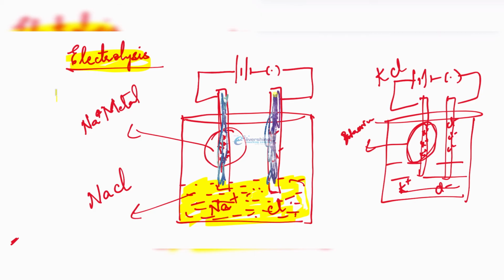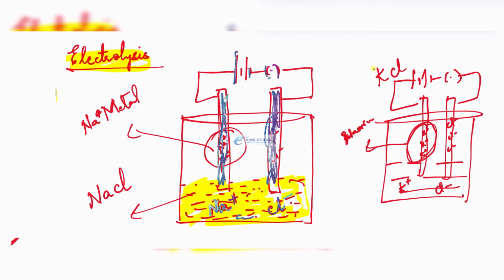Both should be connected to the positive terminal and negative terminal of the battery, with a switch. When we pass the electric current, sodium chloride in the solution splits as Na plus and Cl minus, and the sodium metal is required, right? The sodium metal goes and deposits on the negative plate, so that sodium can be profitably extracted from its solution.